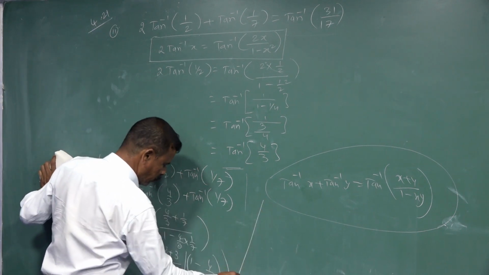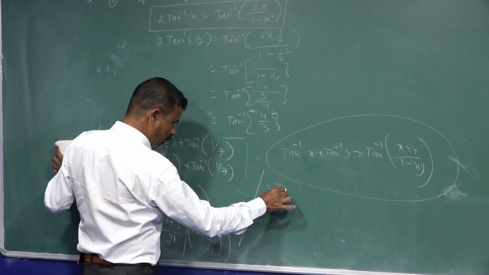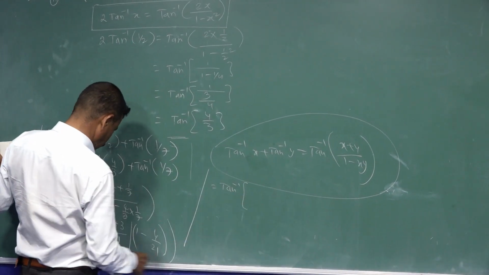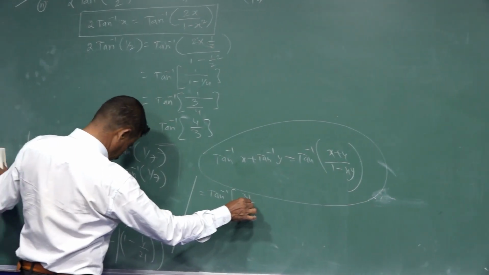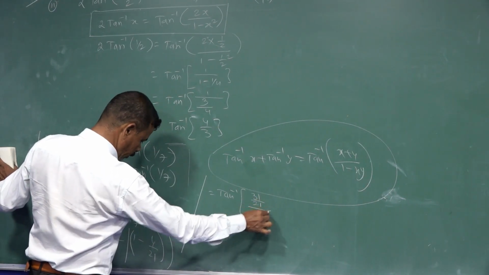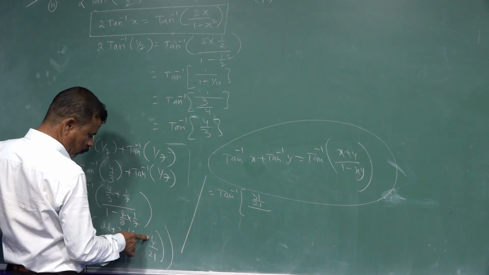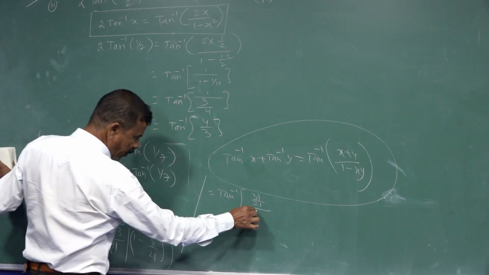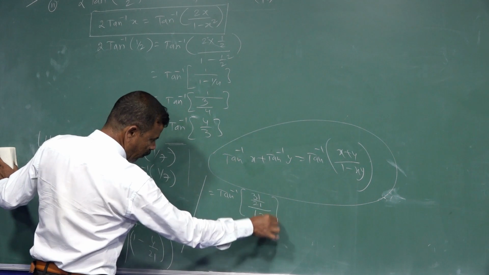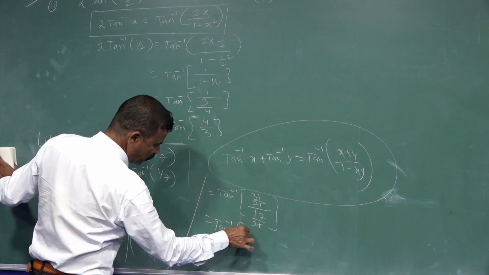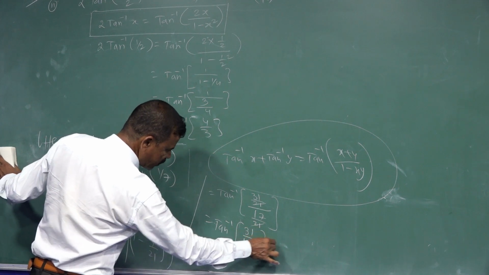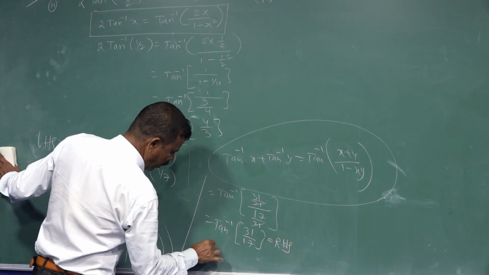After this, tan inverse of 31 by 21 by this 21 minus 4, 17 by 21. 21 gets cancelled, is equal to tan inverse of 31 by 17. It is the RHS. Hence proved.